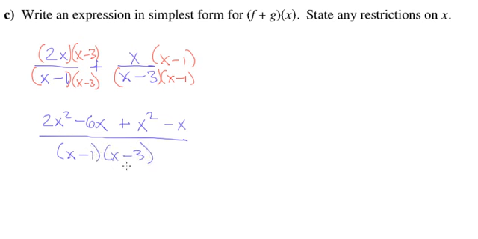I could FOIL this out, but I don't want to because they're asking about restrictions on x, so in a few moments I'm going to be talking about when this can't equal 0, so I'm not in any great hurry to expand this right now.